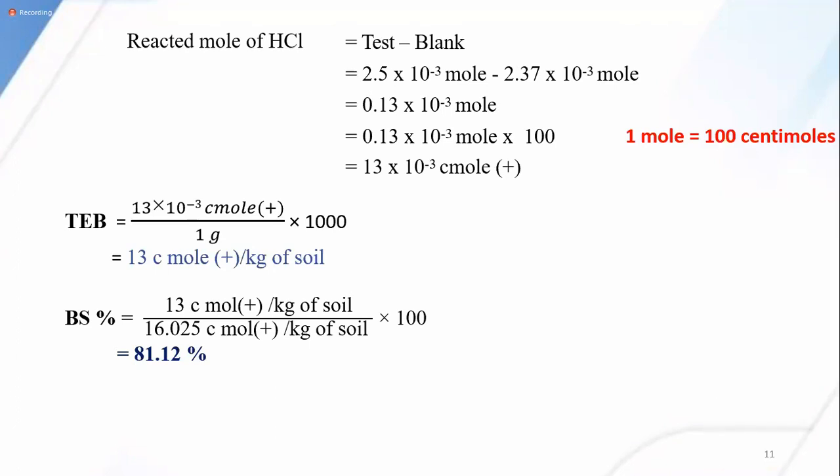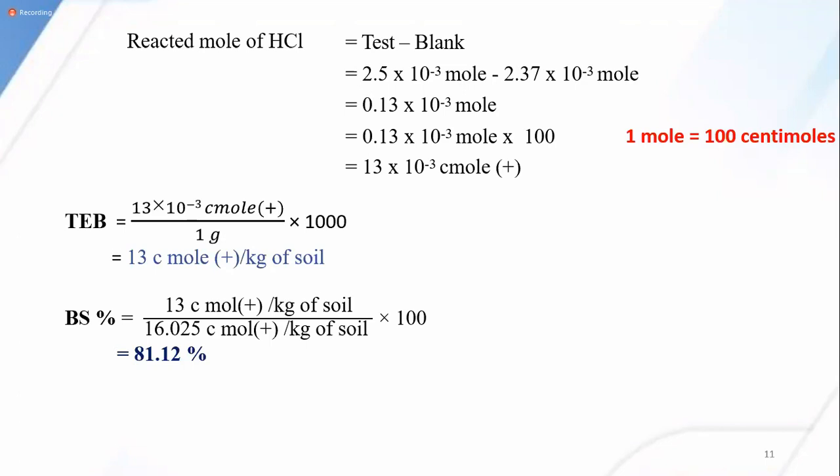Previously we took 1 gram of soil, so we have to find it for 1 kilogram of soil. After finding these total exchangeable bases, you can find the base saturation.